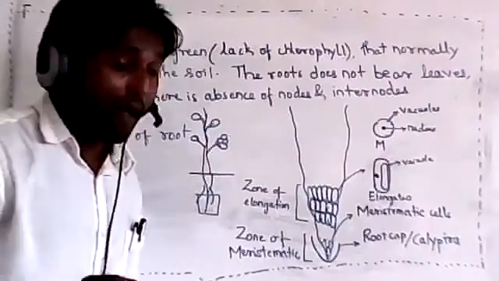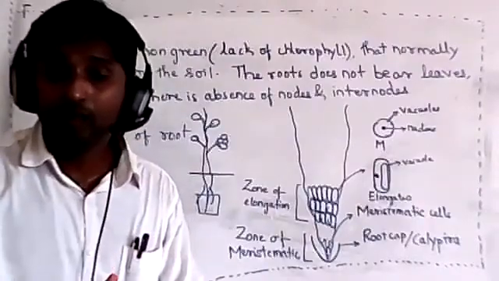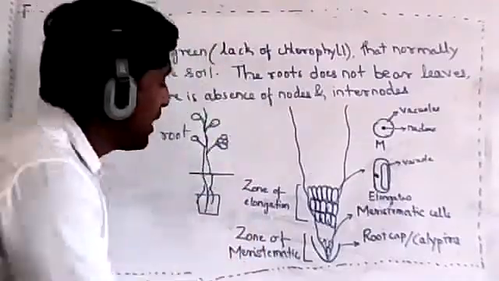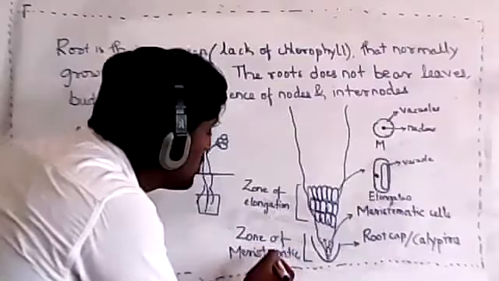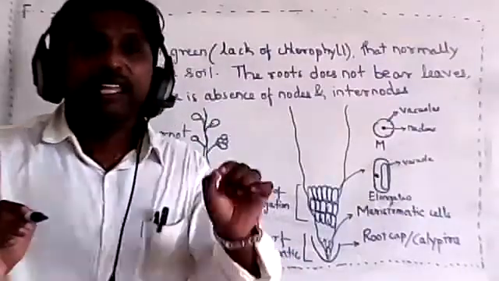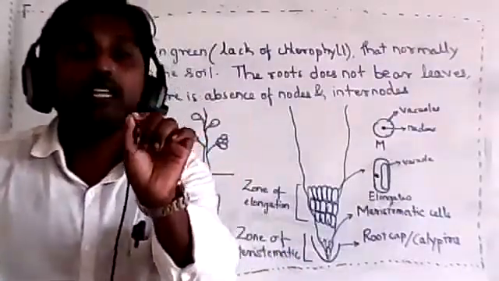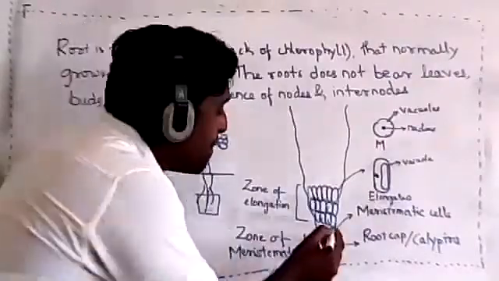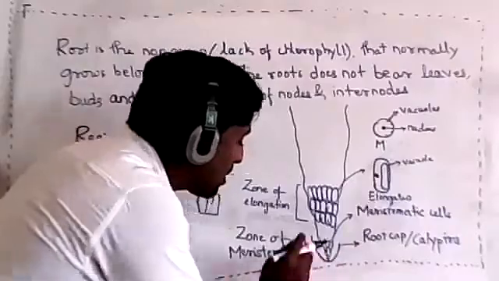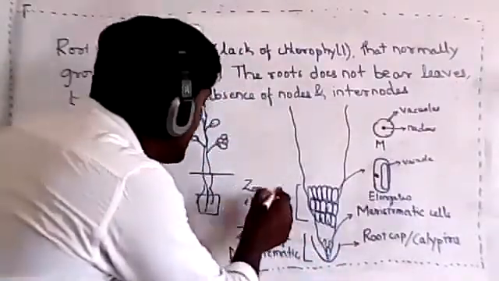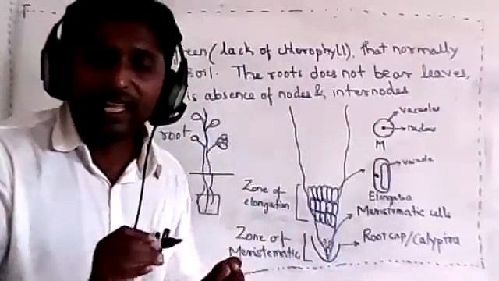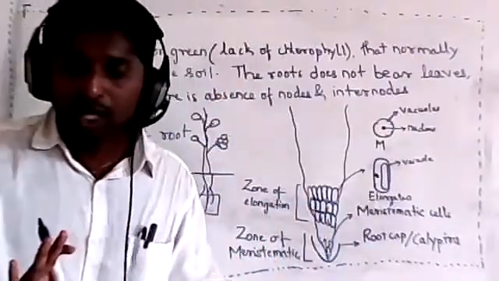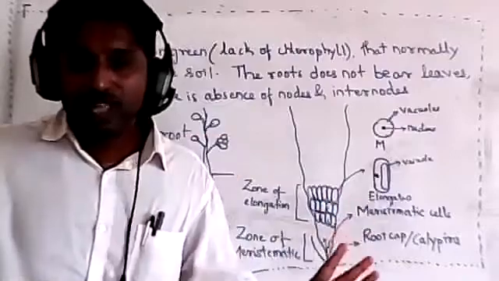The similarity is that in both zones there is only one type of cells. In this zone only meristematic cells are present, and in this zone only elongated cells are present. Yes, there is no other type of cells there.